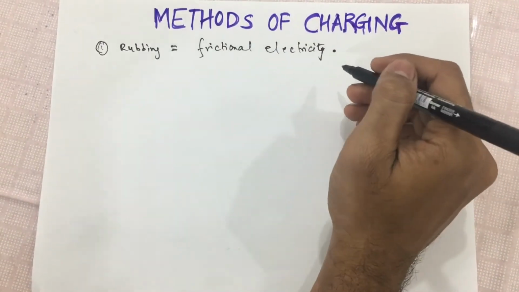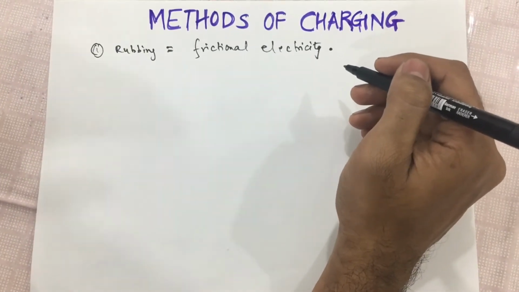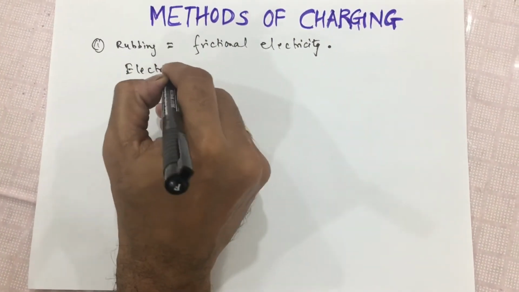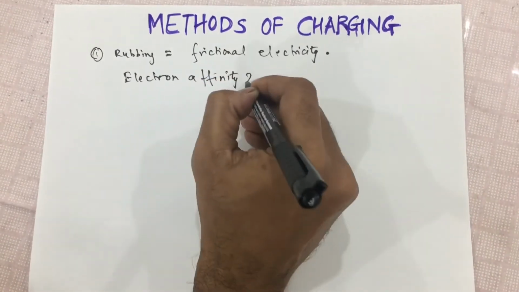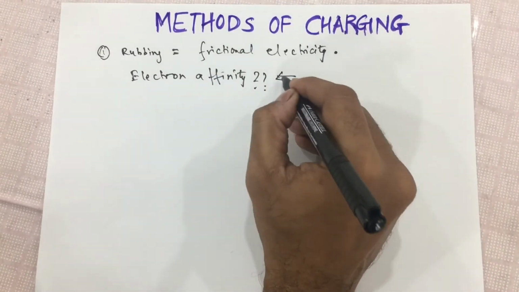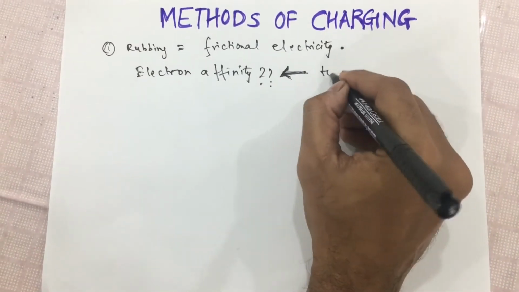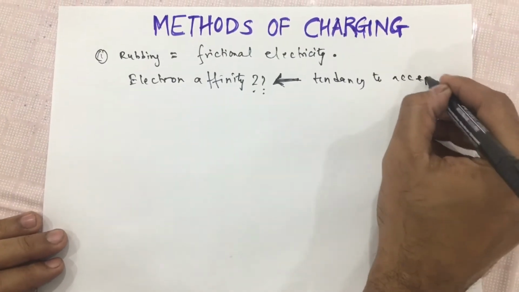Now there is a question: which body will develop a positive charge and which body will develop a negative charge? It depends on the electron affinity. Now what is electron affinity? Electron affinity is the tendency of an atom to accept electrons.